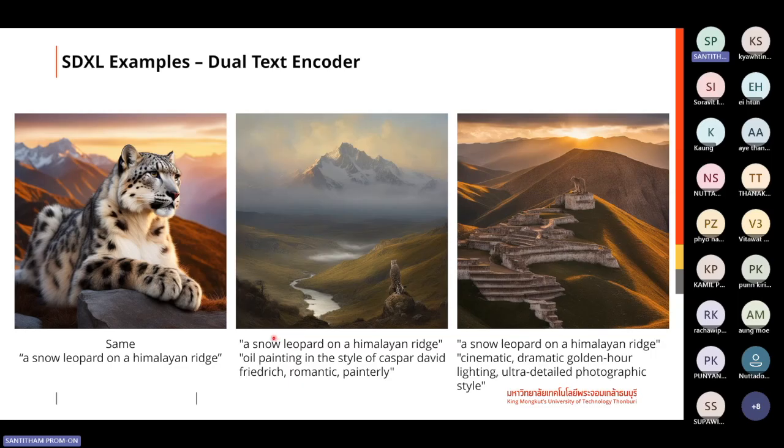You can see the concatenation of both prompts, both CLIP, to the main image, and the second one is only put through the refiner. So the refiner receives only the second one. This one has the second part as cinematic, dramatic, golden hour lighting, ultra detailed photographic style, and the first one combined looks like this. So this is the dual text encoder.